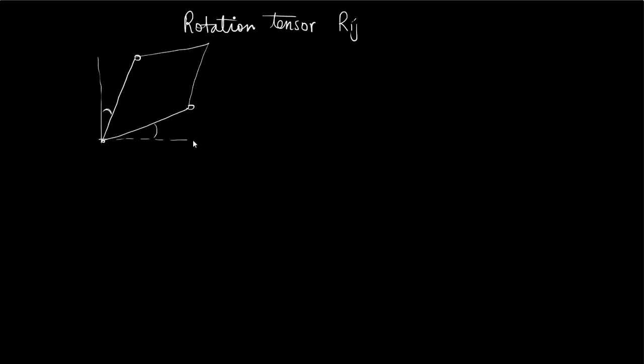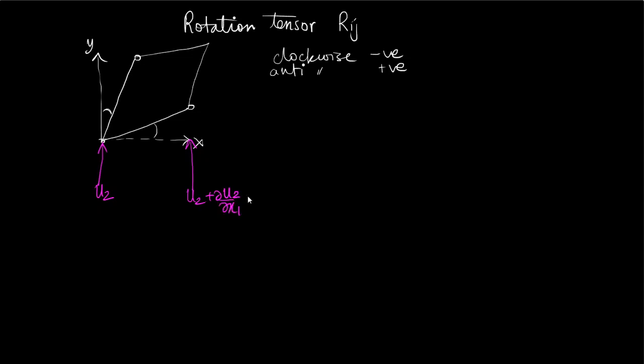So we go with the sign convention that clockwise rotations are negative and anti-clockwise are positive. So the presence of a gradient in the x direction of the y velocity causes this particular element AB to rotate in the anti-clockwise direction.